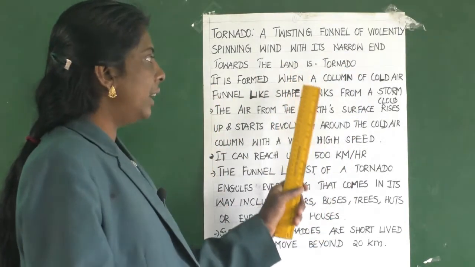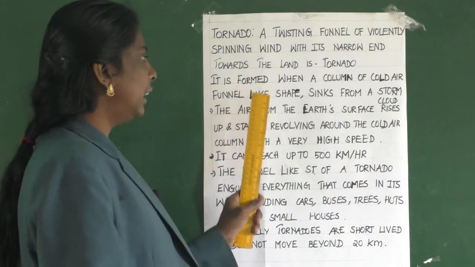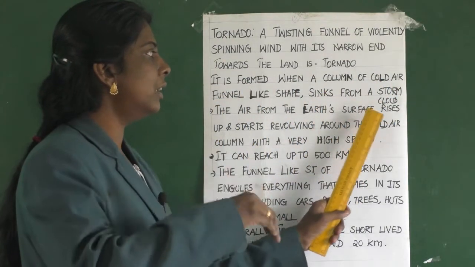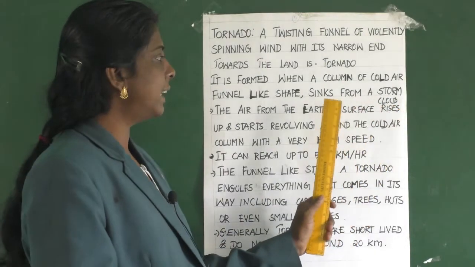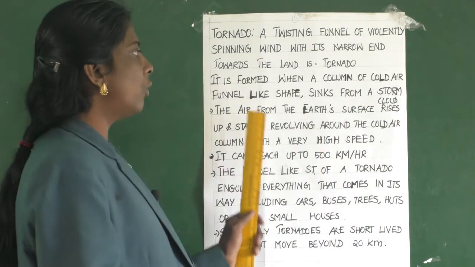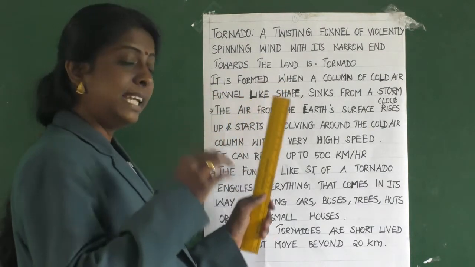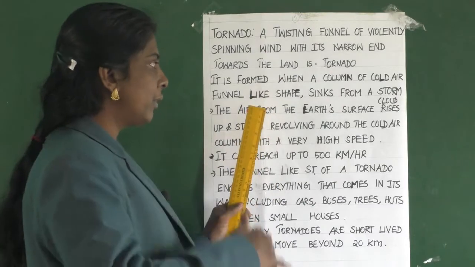It's formed when a column of cold air, funnel-like in shape, sinks from a storm cloud.